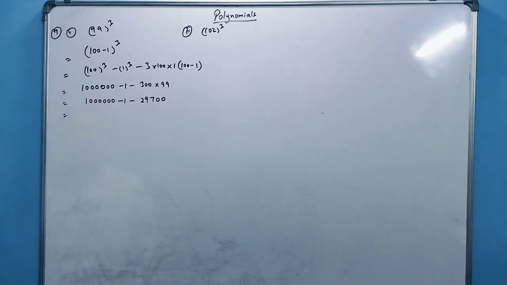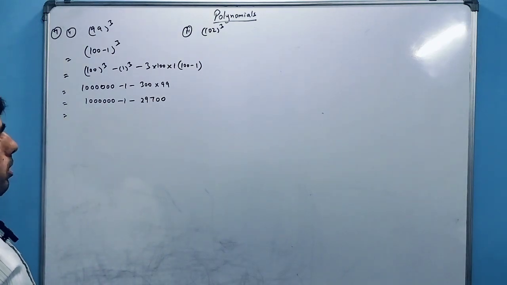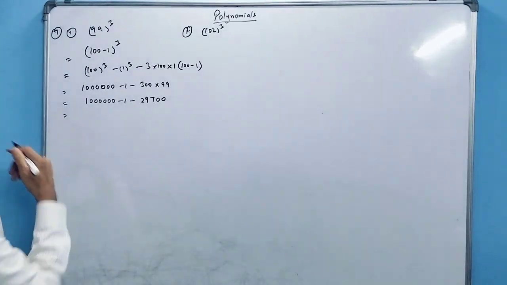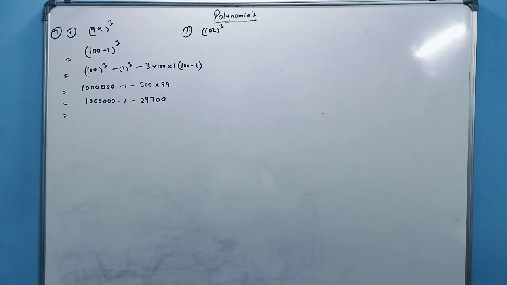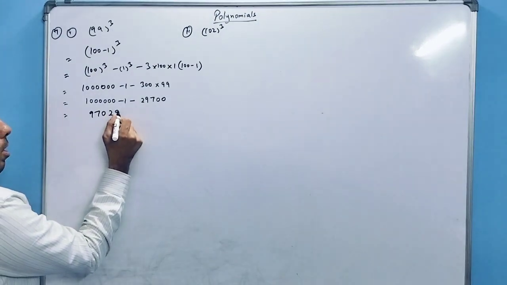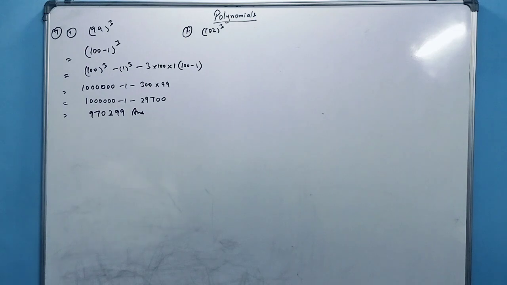This is what I got, the value. Just we need to calculate it and we will write the answer here. Okay, so I got the answer 970299. Okay, that is how I can easily solve such kind of numerical.